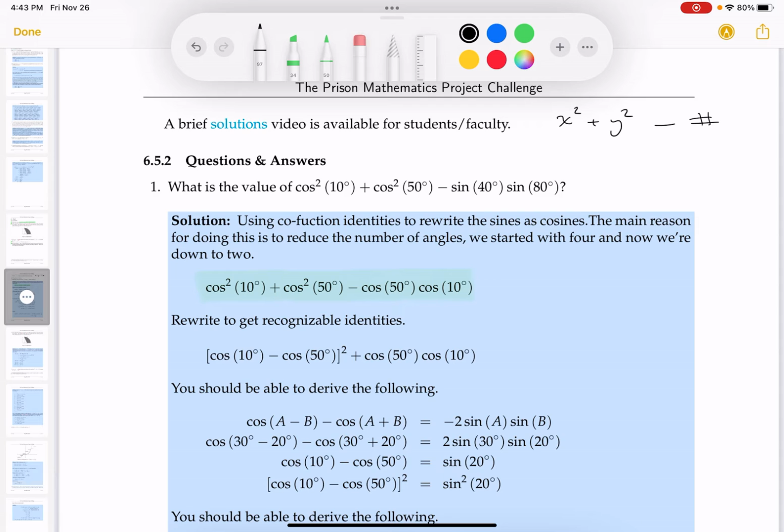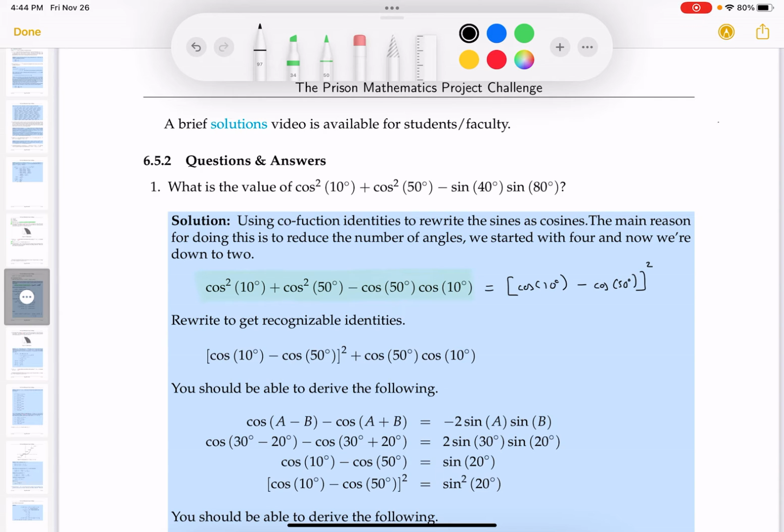So let me get my little eraser out, and I'm starting to see something over here. I'm seeing that I could write this as something being squared. And what am I going to write down? I'm going to say it looks like cosine 10 degrees minus, right, the cosine of 50 degrees.